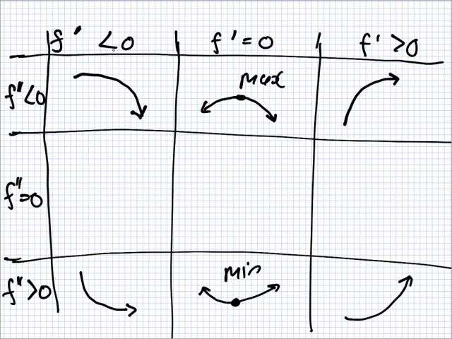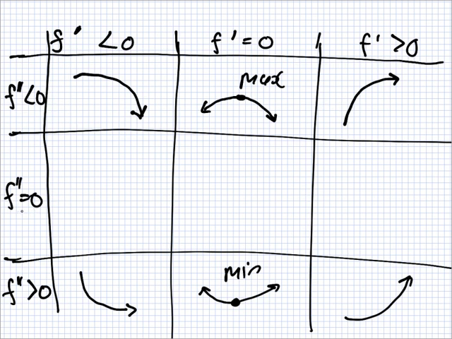Okay, the first derivative is negative. So that's downwards. The second derivative is 0. So what's the meaning when the second derivative is 0? Inflection point, yeah, inflection point.